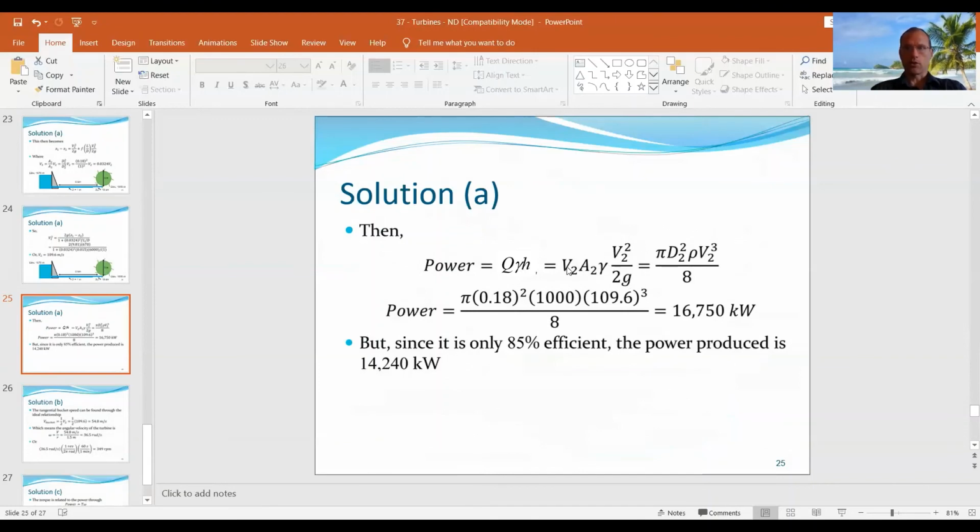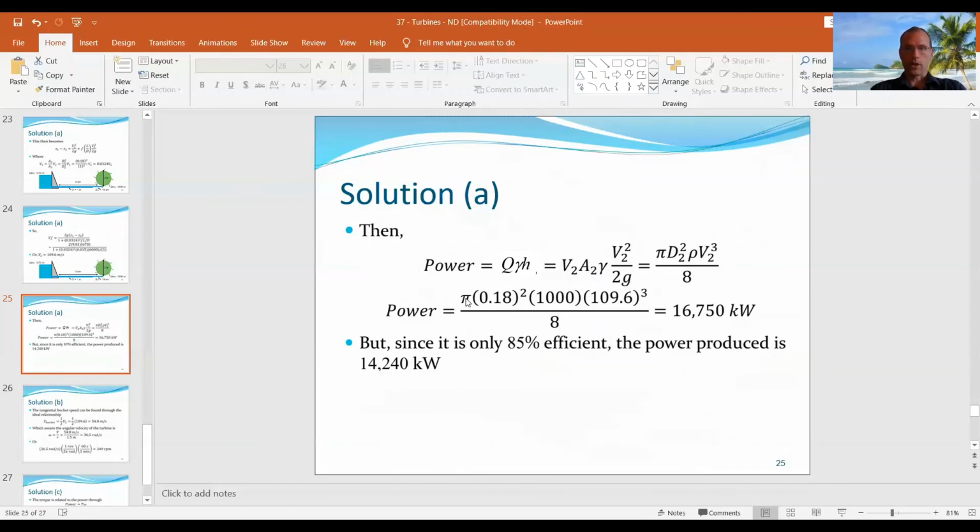And so putting that all together, gamma is rho times g, specific weight, so the g's cancel out. That just leaves me with a density. I have velocity squared and another velocity, so velocity cubed. And then my area, I had pi over 4 times d squared for the area. So the 4 came down, it makes that a total of 8 with that 2.